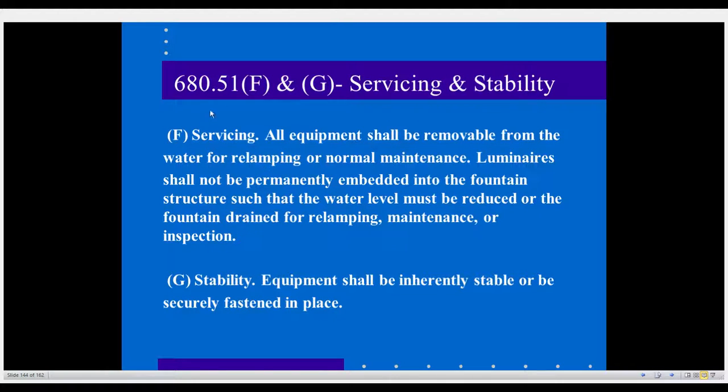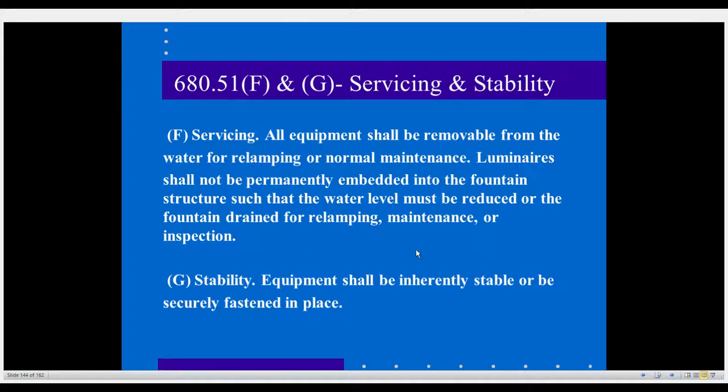So when you see F here with the 680.51(F), it says all equipment shall be removable from the water for relamping or normal maintenance. Okay, so it can be mounted, but it has to be in a way that it can be removed. Now, it says luminaires shall not be permanently embedded into the fountain structure such that the water level must be reduced or the fountain drained for relamping, maintenance, or inspection.